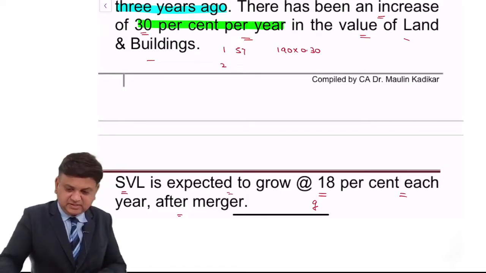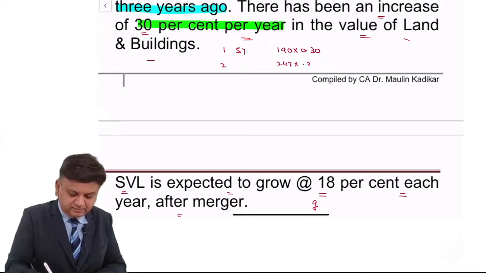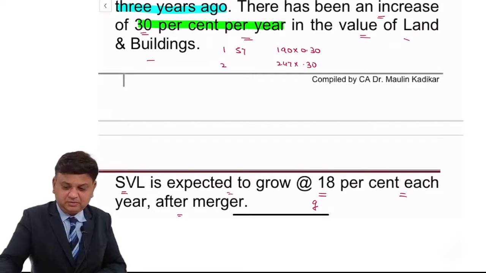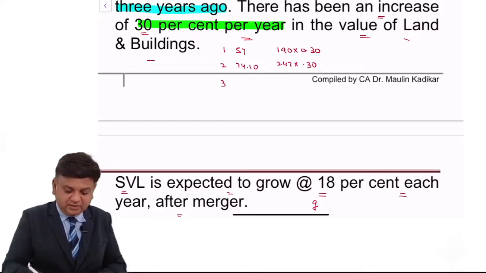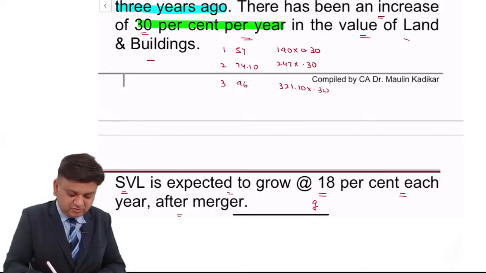In the second year it is 247 into 30%. So the answer is 74.1 crore. In the third year it is 321.1 crore into 30%. That is 96.33 crore.